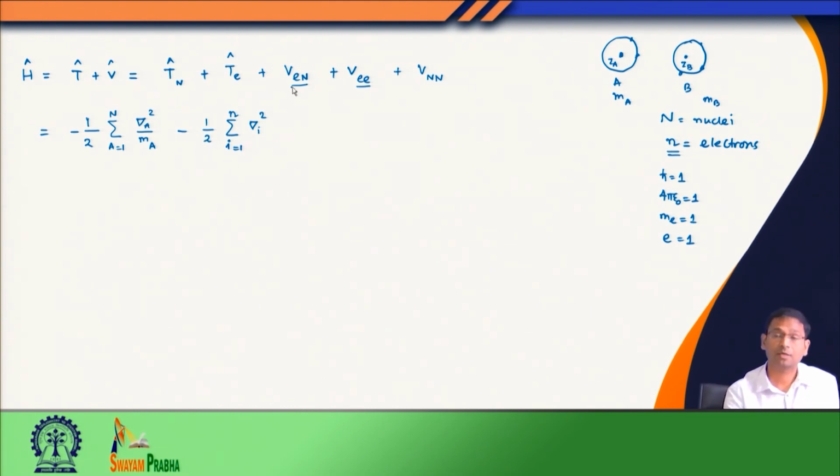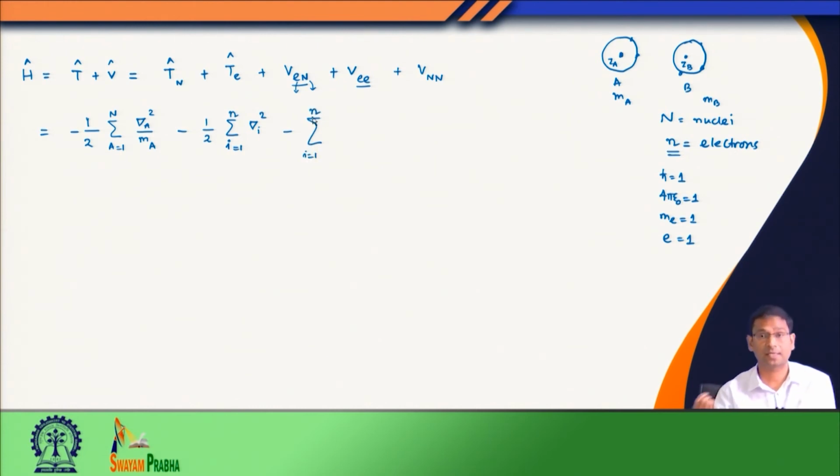Now I come to V_EN, that means the electron with the nucleus. These are going to be attractive interactions. We have to see that there are small n number of electrons and capital N number of nuclei. So first write i equals 1 to n.